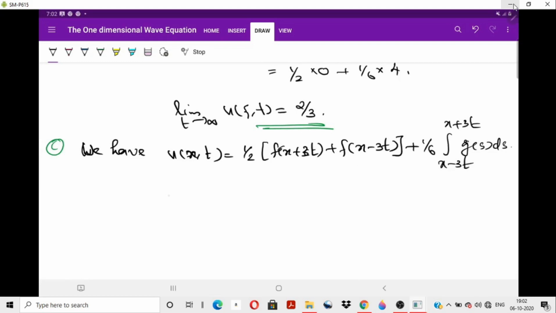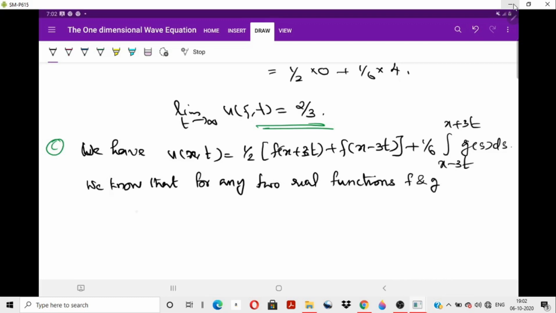Also, for any two real functions f and g, we know that the maximum of f plus g is less than or equal to the maximum of f of x plus the maximum of g of x.